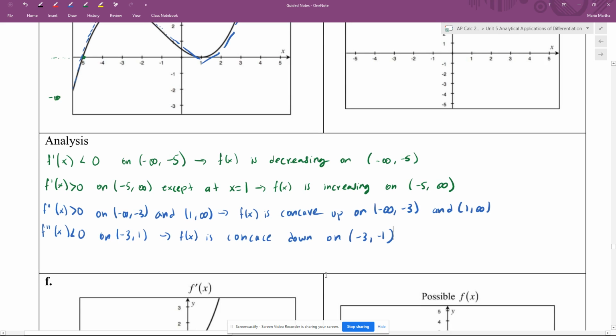And then finally, we can talk about our relative maxima or relative minima. We're going to say that f of x, because f prime of x changes from negative to positive at x equals negative 5, that's our critical value, right? Because it's crossing the x-axis.